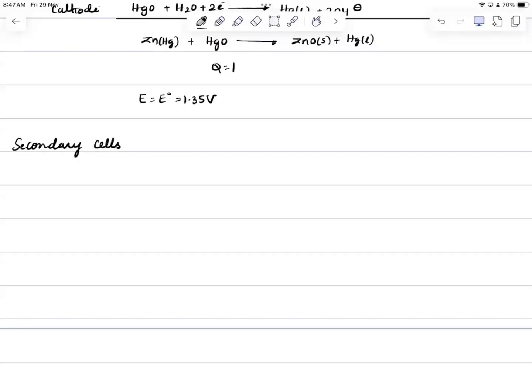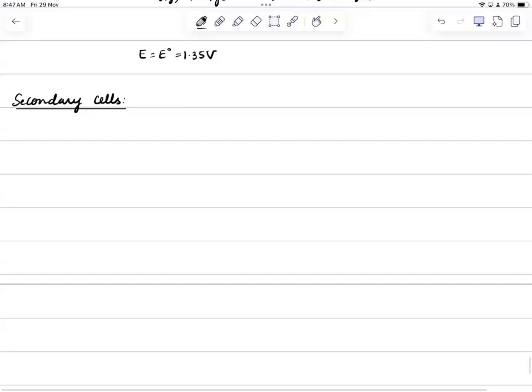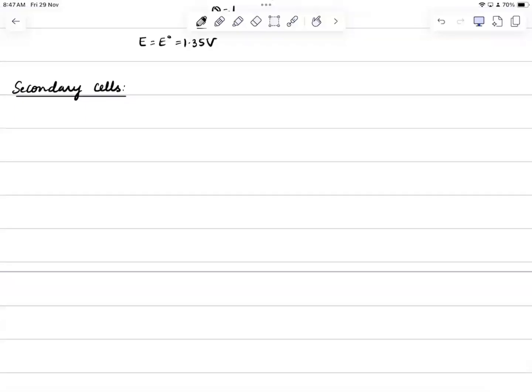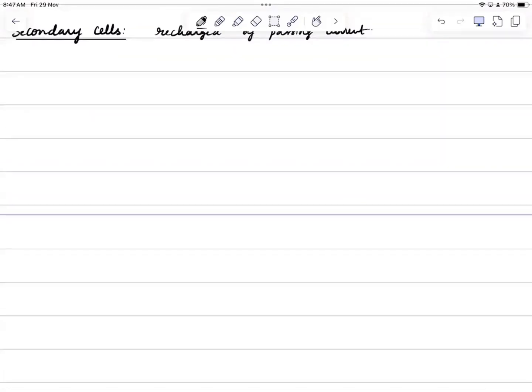Secondary cells. Secondary cell is something which can be recharged by passing current. See, if you recall Daniel cell here, in Daniel cell, we learned that this is how the salt bridge would be.